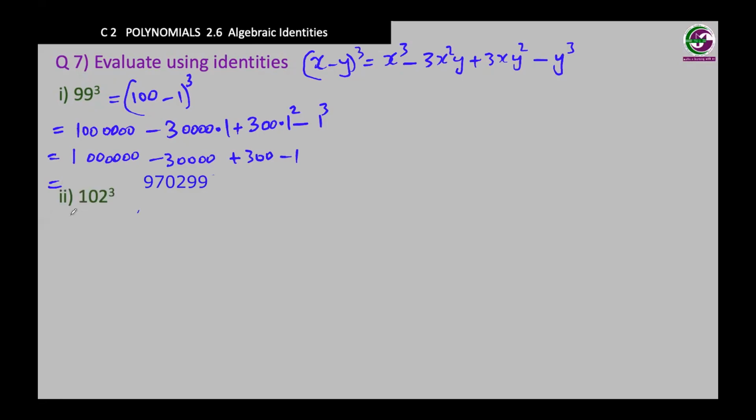we can rewrite this is 100 plus 2 power 3, which is equal to cube of the first term plus 3 times square of the second term, so 4 zeros, times the second term plus 3 times the first term times the second term square plus cube of the second term, which is equal to cube of the first term.